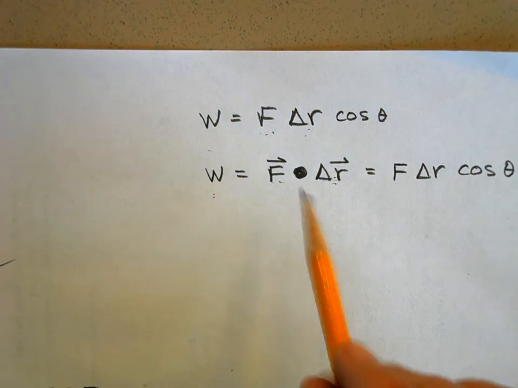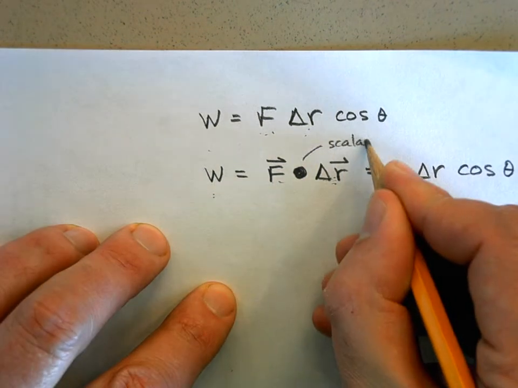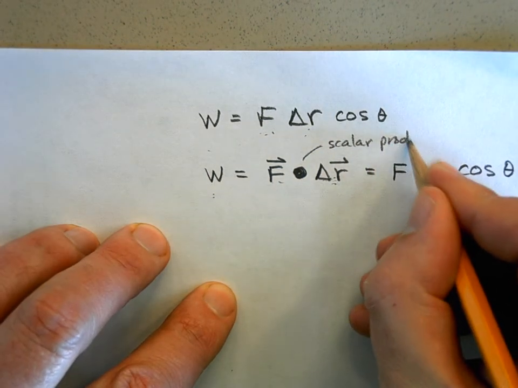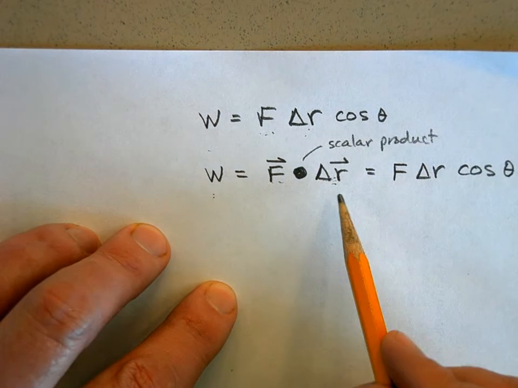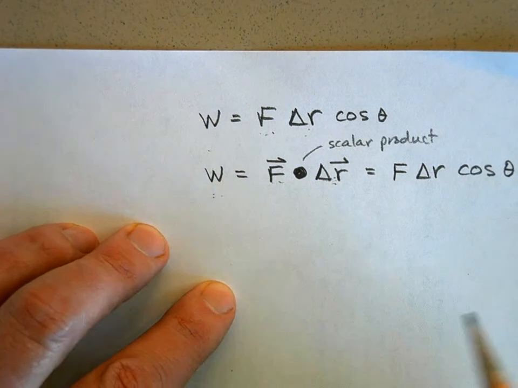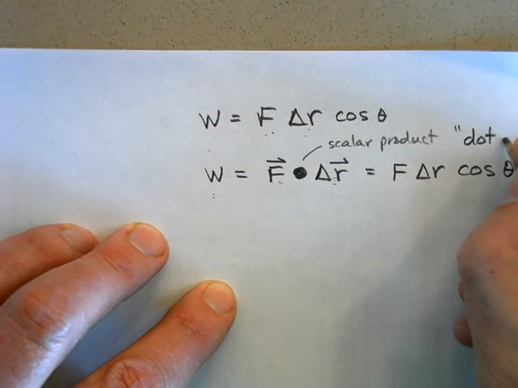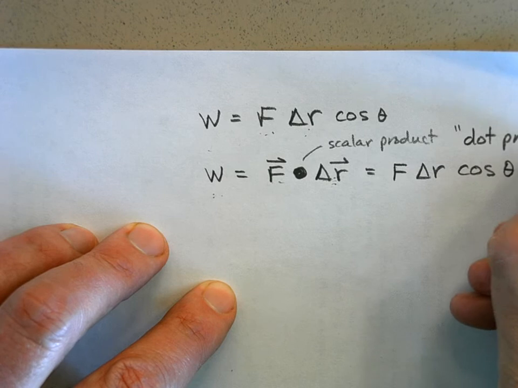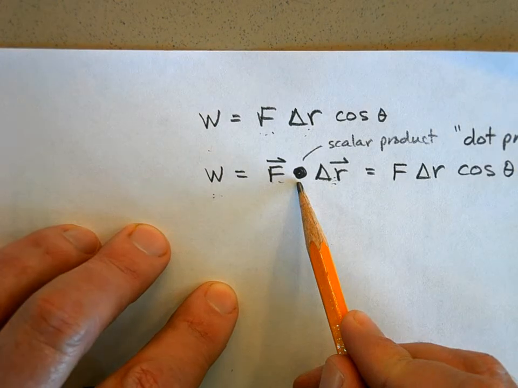This is called the scalar product, because you're multiplying two vectors and you get a scalar. But sometimes it's called the dot product, because the operator we use is a great big dot.